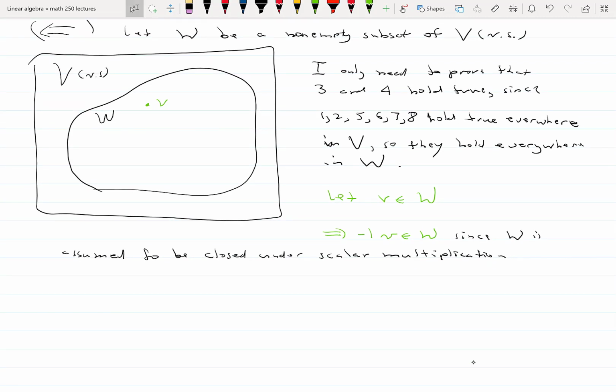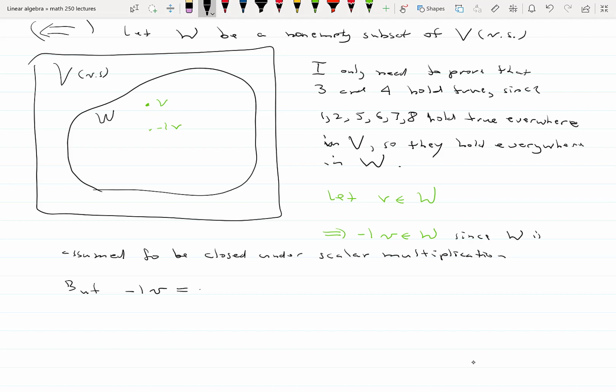Okay, so V is in there. I have forced -1 times V to be in there, right where it's guaranteed to be by the scalar multiplication closure property. But what is -1 times V?